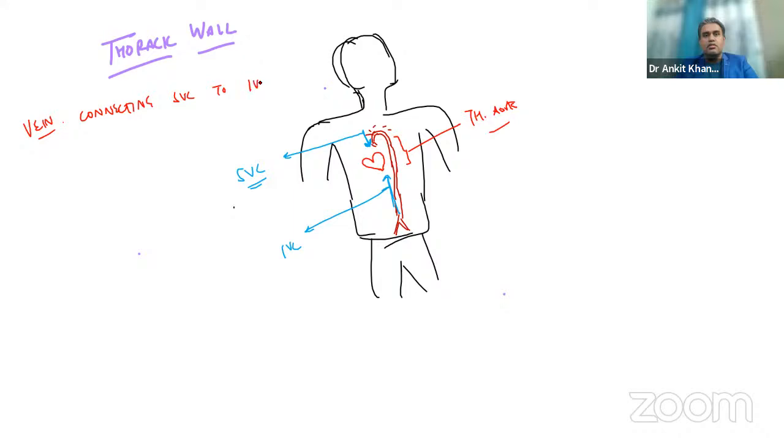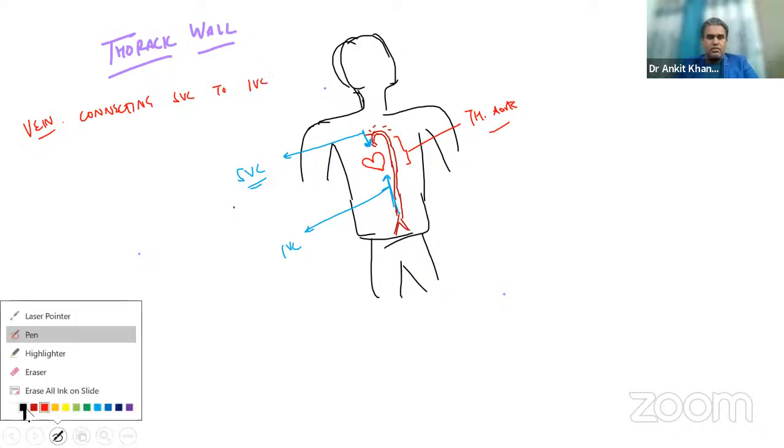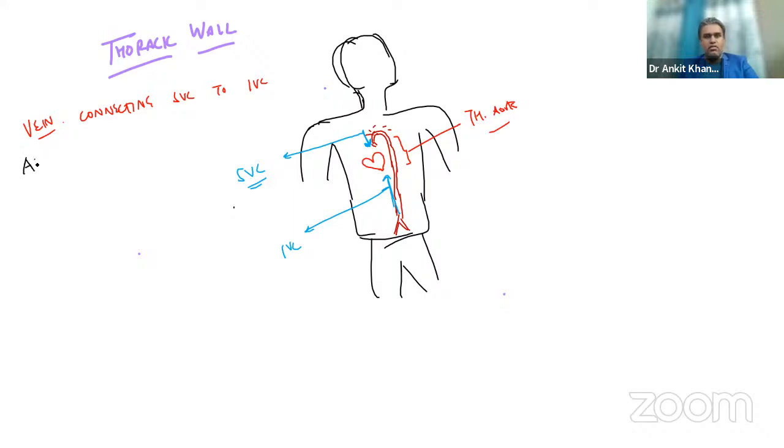Okay, sir. Which vein is that? For those of you who have not heard its name, now you can say we have heard it: the azygos system of veins. Okay, sir, azygos system. Fine, sir. So yes, most of the posterior intercostal veins drain into the azygos system of veins. A few points about the azygos system of veins.